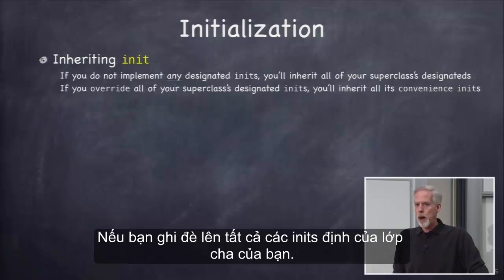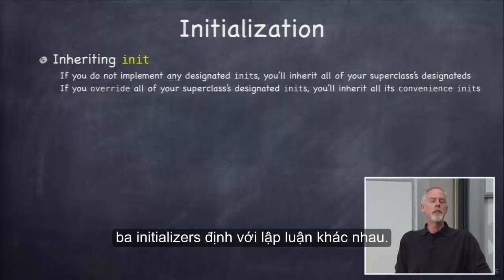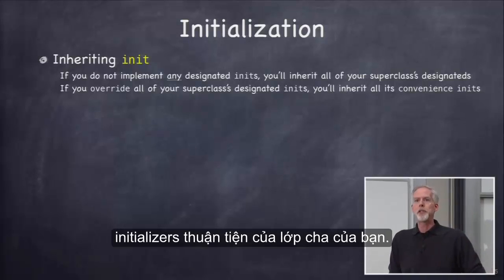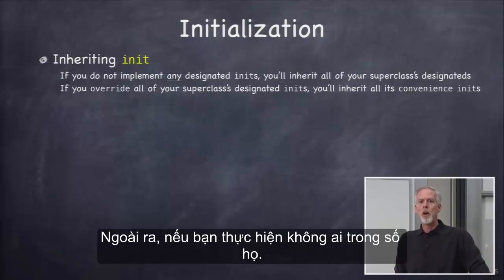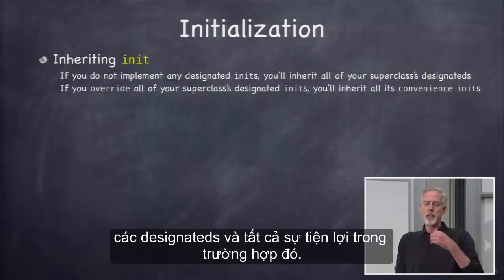If you override all of your superclass's designated inits, so say your superclass has 3 designated initializers with different arguments, if you override all of them, then you will inherit all of your superclass's convenience initializers. Also, if you implement none of them, you'll essentially inherit all the designateds and all the conveniences in that case.